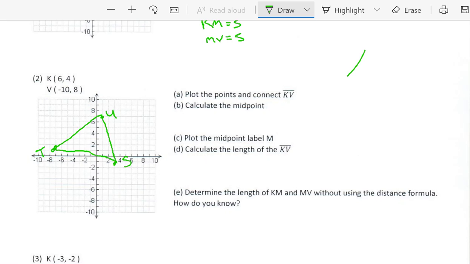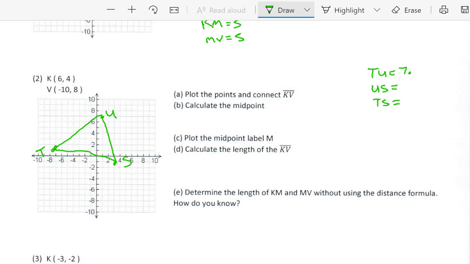You would have to do it for TU. You would have to do it again for US, and again for TS. So you would have to do distance formula 3 separate times. And then perimeter is when you add them up.